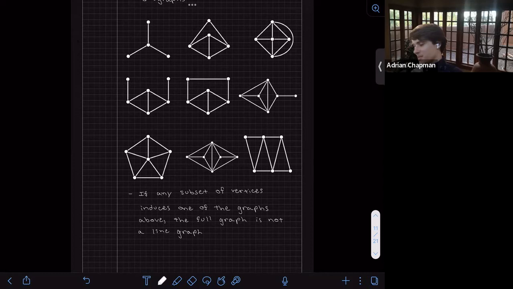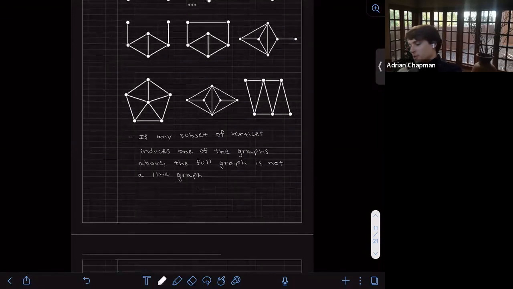I agree. But again, the other thing is that a general non-line graph can contain claws all over the place. For example, in a cube graph, every vertex is the center of a claw.